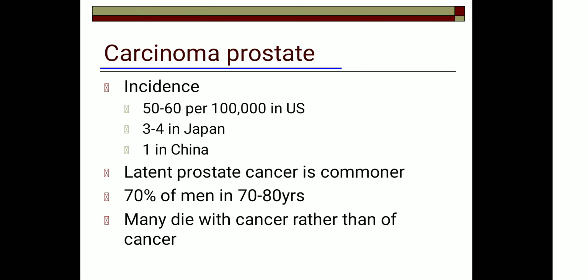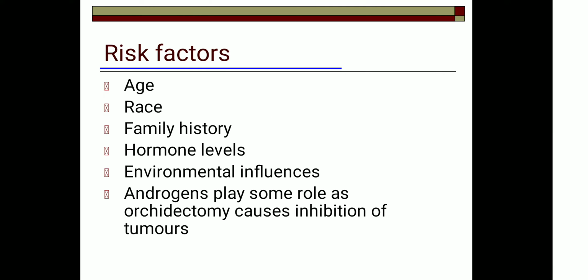This is very important because this is one of the most common malignancies seen in males. So 70% of the men in about 70 to 80 years, that is the incidence of this tumor. And usually it is seen in elderly patients, I told you.